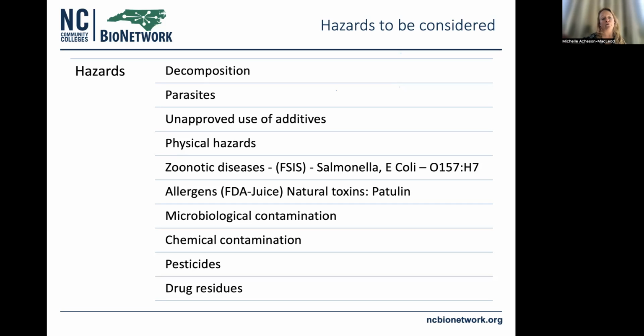And then drug residues for your meat. So if I'm using any kind of veterinary drugs in my meat process, I need to be actively testing to see if there's any drug residues in that meat by the time I'm slaughtering them, because I don't want to be accidentally giving a human being drugs to consume in their meat.